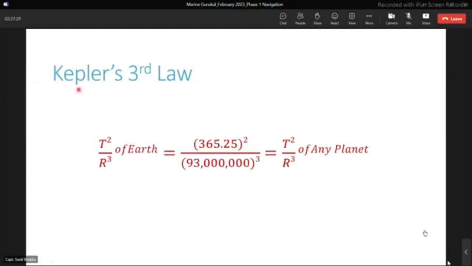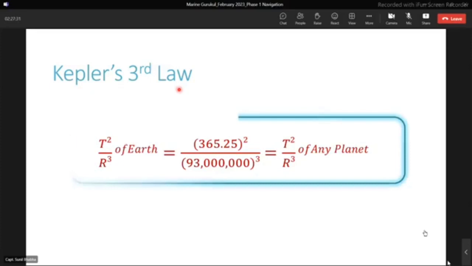Now, how can we utilize this relationship in numerical questions? For using this relationship, we need to be aware of the orbital time, or the time Earth takes to complete one orbit around the Sun, and the orbital radius of the Earth. We know that the orbital time period of the Earth is 365.25 days, and the orbital radius of the Earth is 93 million miles, which is 93 into 10 raised to power 6 miles.